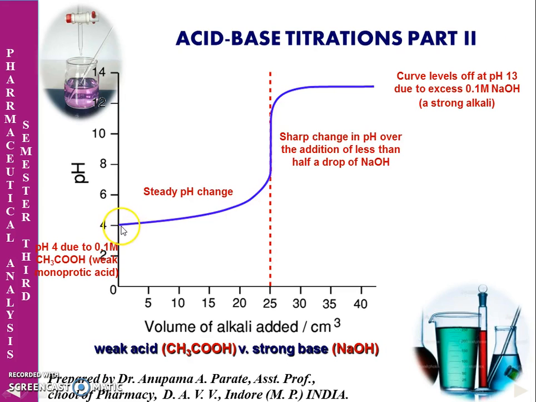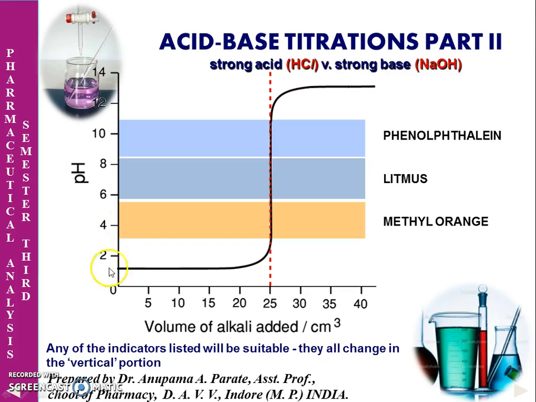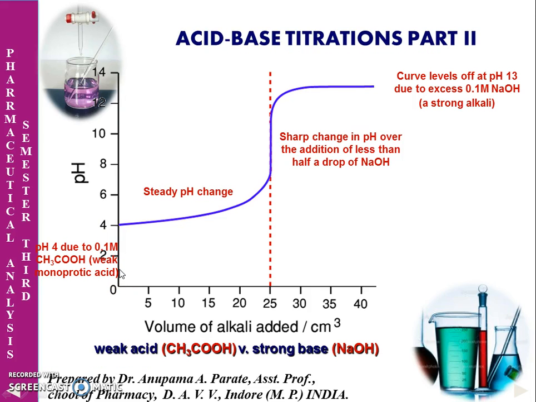Here the pH starts, in the case of hydrochloric acid, from around 1. But because a 0.1 molar solution of acetic acid, a weak monoprotic acid, is taken, and it is not completely ionized, the pH at the very onset is 4.